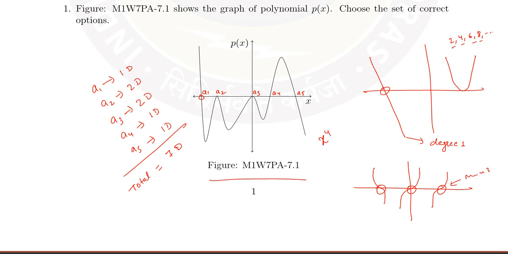At point A3, which is nothing but at 0, it can have a factor in the form x minus 0 to the power. The curve at A3 is bouncing back, so it can have an even degree: 2, 4, 6, 8, 10 and so on. Therefore x to the power of 4 can be one factor of p of x.